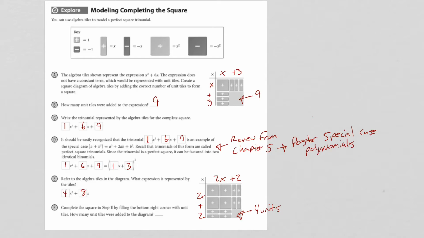So you're trying to complete the square. You're trying to make this perfect square trinomial, and you're missing something. It's plus the missing stuff. You would have to add, in this case, 4 tiles to this. So hopefully everybody's with me so far. And in the earlier case, I'd have to add 9 tiles.